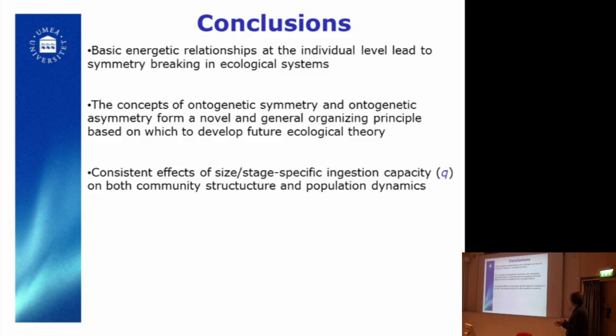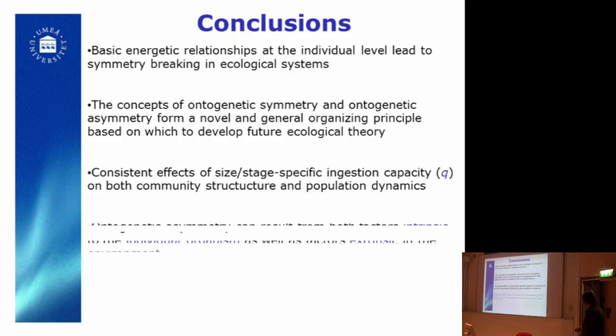I also show a consistent effect of size- or state-specific ingestion capacity Q on both community structure and population dynamics. Things carry over from community to population or the other direction, which is another reflection of a generic theory.